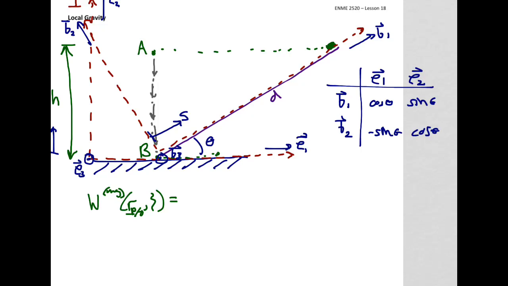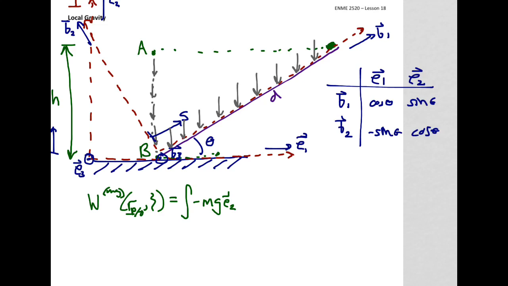Due to gravity, as it's sliding down this ramp, the force due to gravity is always going to be mg in the negative E2 direction. And so this force, when we write this into our integral, will be negative mg in the E2 direction.